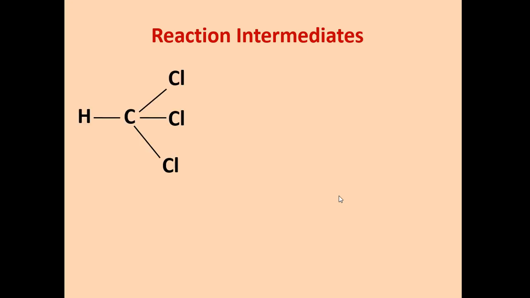Next we come to this compound. The compound shown here is CHCl3, the chloroform. Here you don't find a carbon-carbon bond. Instead of that, you have a carbon surrounded by 4 sigma bonds, 1 hydrogen and 3 chlorine atoms.